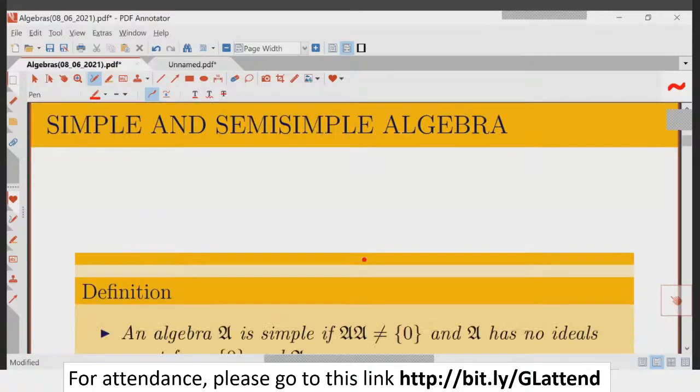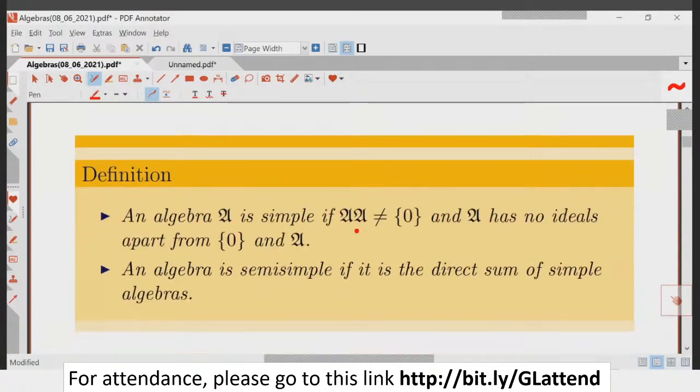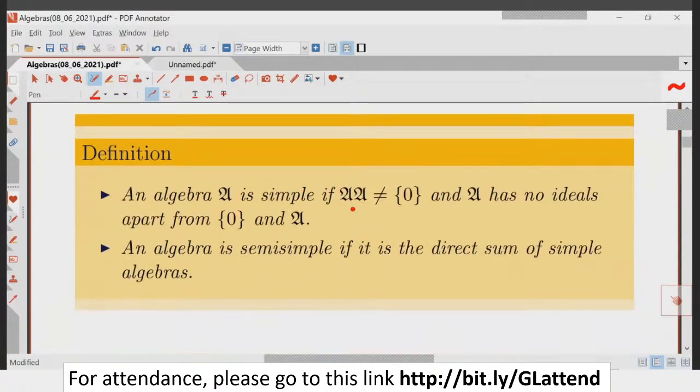Okay, now simplicity. We will come back to simplicity for some specific classes of algebras later on, but here is the general definition. An algebra A is simple if the product of A by itself is not trivial, and A has only two ideals, 0 and A itself.